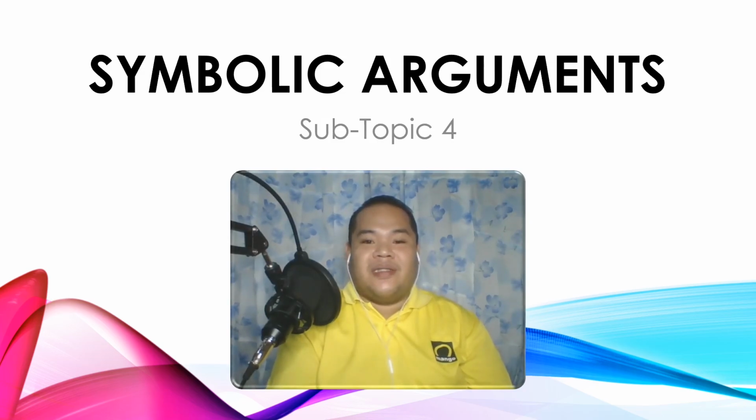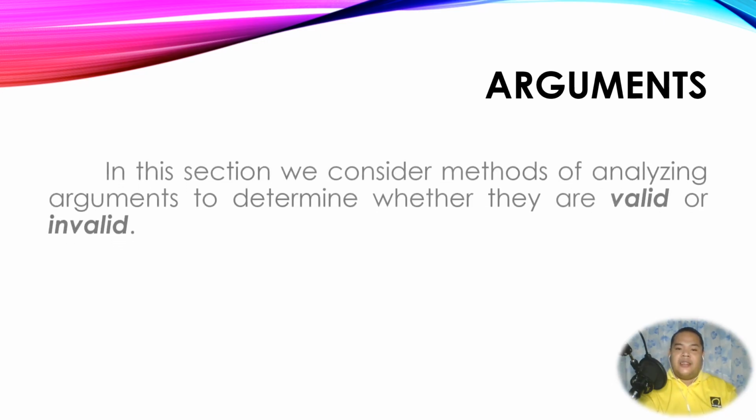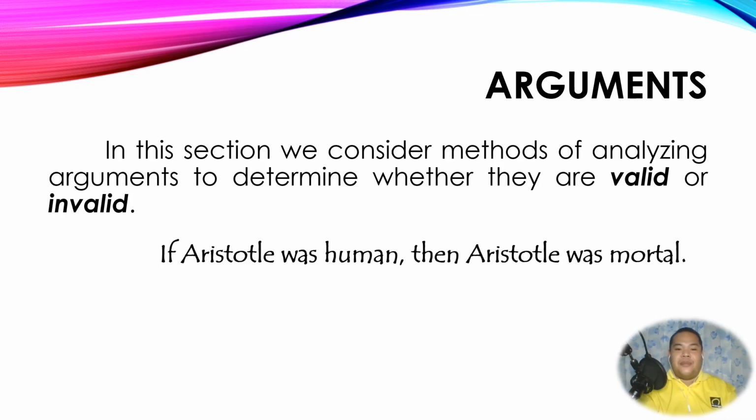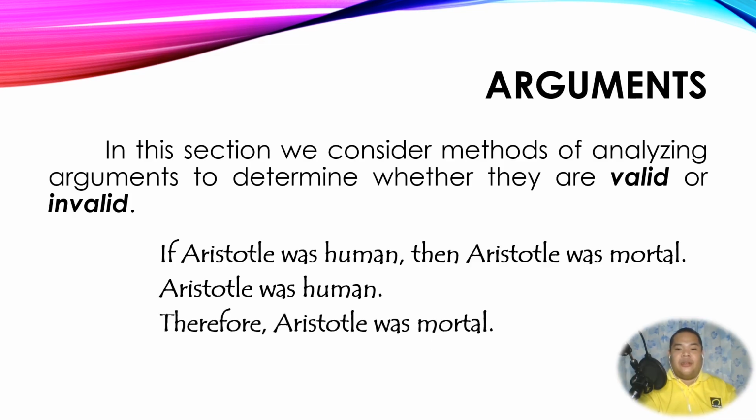Symbolic arguments. In this section, we consider methods of analyzing arguments to determine whether they are valid or invalid. Example: if Aristotle was human, then Aristotle was mortal. Aristotle was human, therefore Aristotle was mortal.